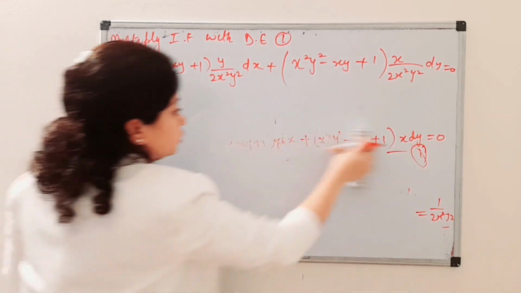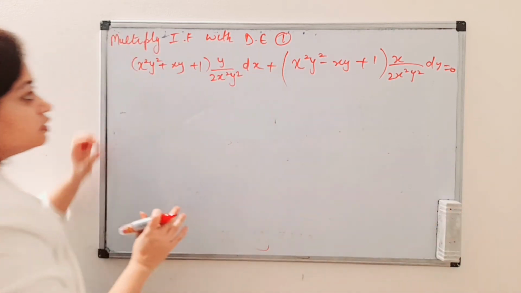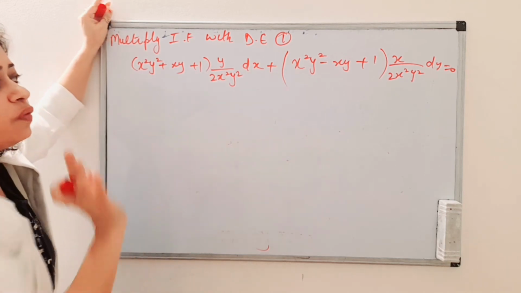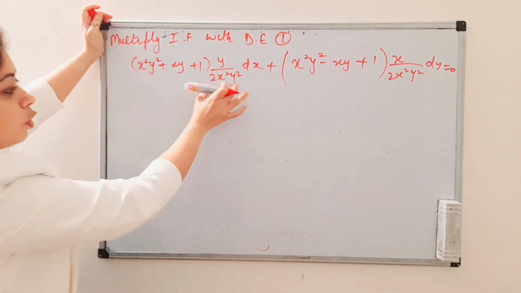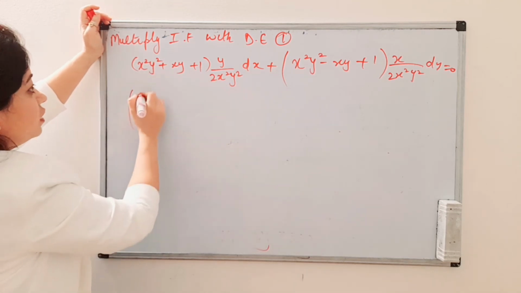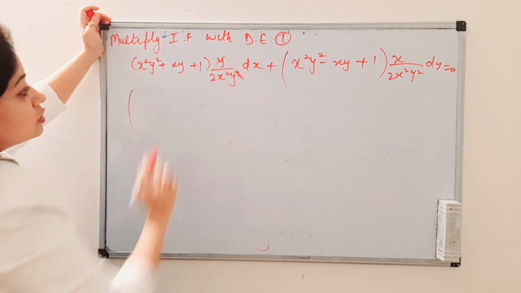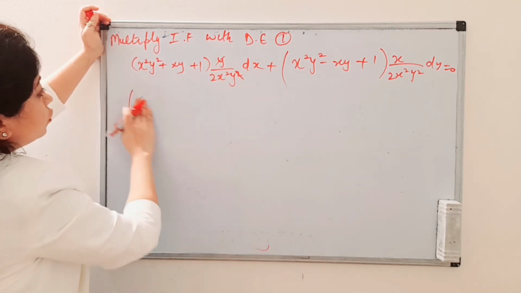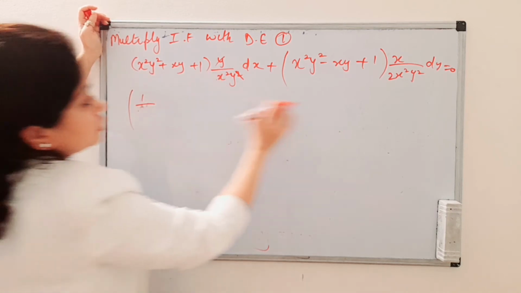Okay, so now we have this. This differential equation is exact and we need to solve this. First of all, we will multiply it inside. This is 2x square y, so upon 2x square y we will get 2. We can eliminate this 2.